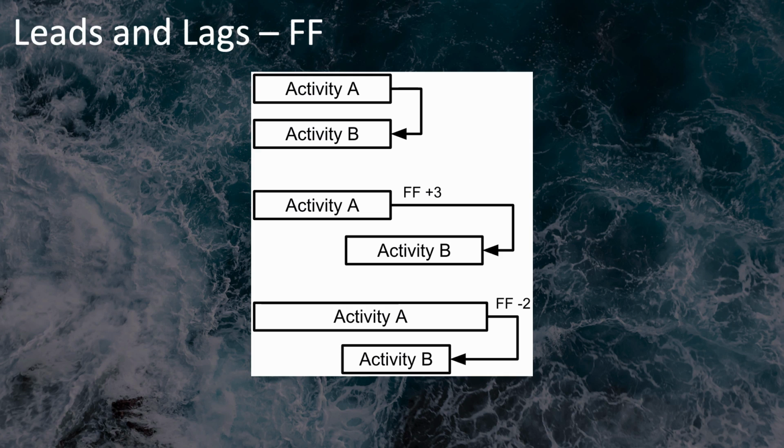If, on the other hand, you want to introduce a lead in that activity B can finish 2 days before activity A finishes, then move activity B over to the left so that it shows its finish 2 days earlier, and then add the FF -2 notation.